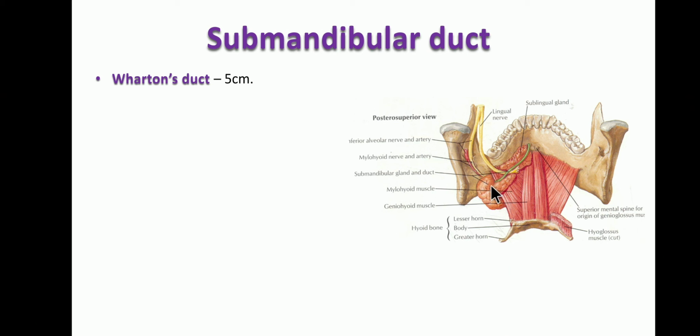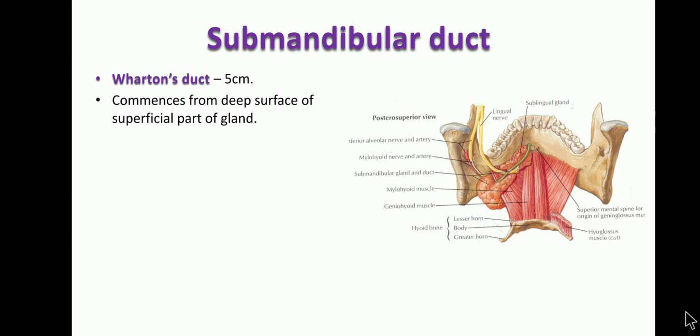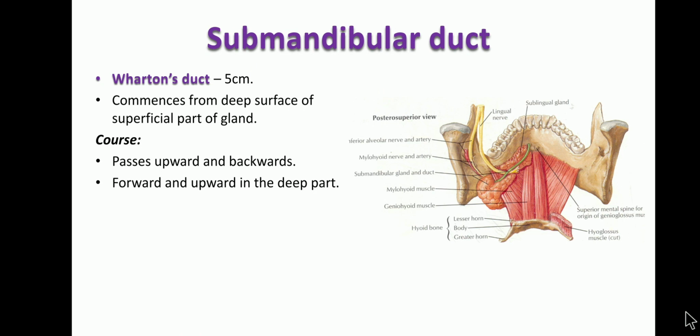From the deep surface, the submandibular duct starts, and it first passes upwards and backwards. Then it runs upwards and forwards, and finally opens into the sublingual papillae at the floor of the mouth.